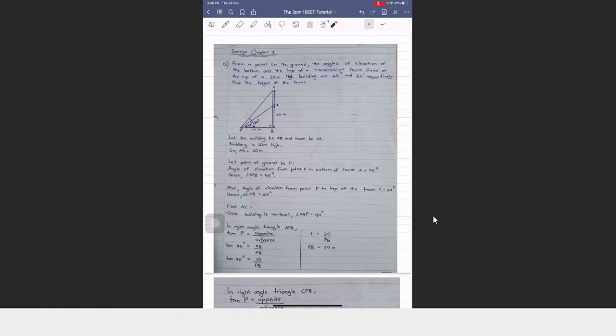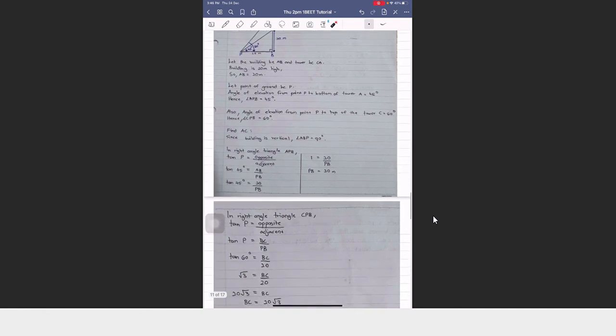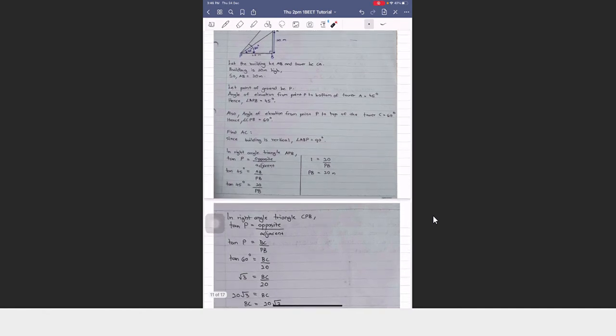Let's look at the question. The question wants you to find the height of the tower. So the question just wants this much only: AC, the length of AC.